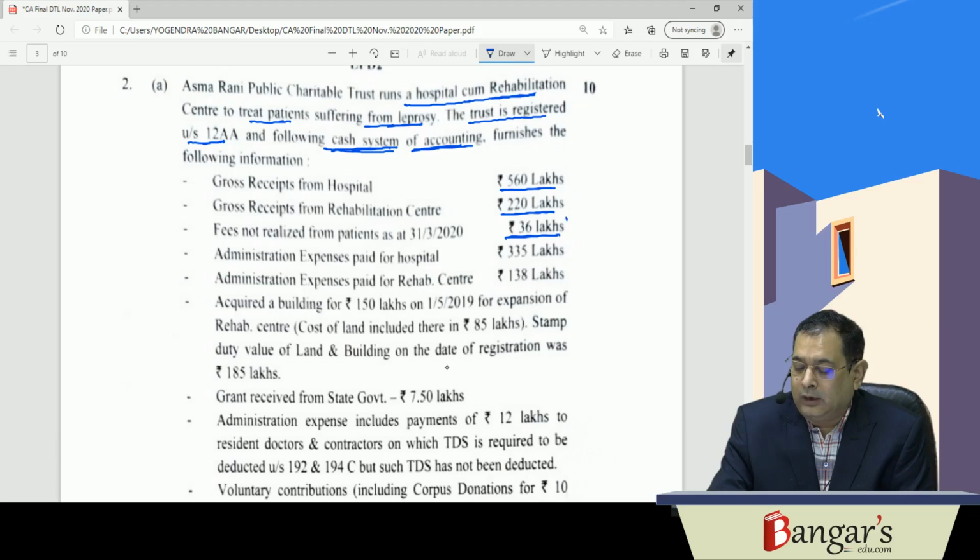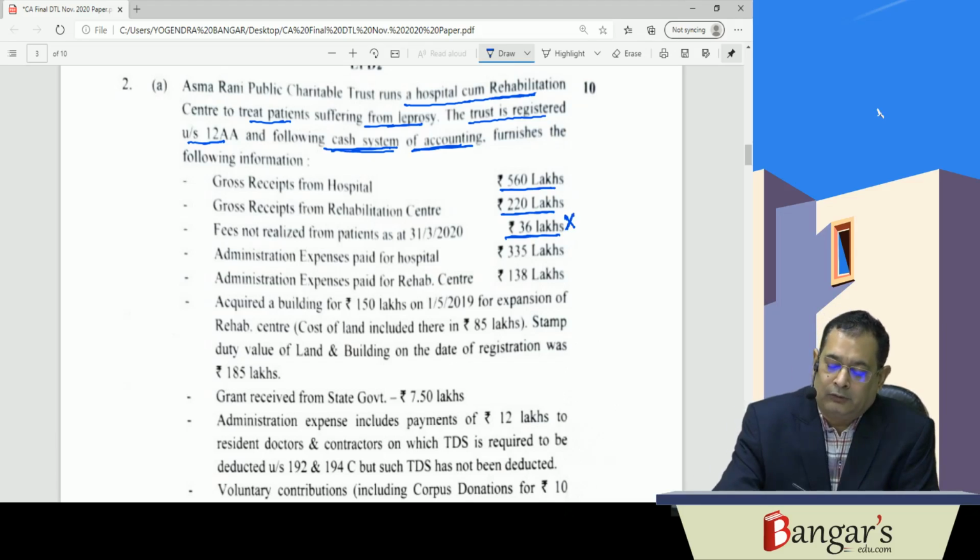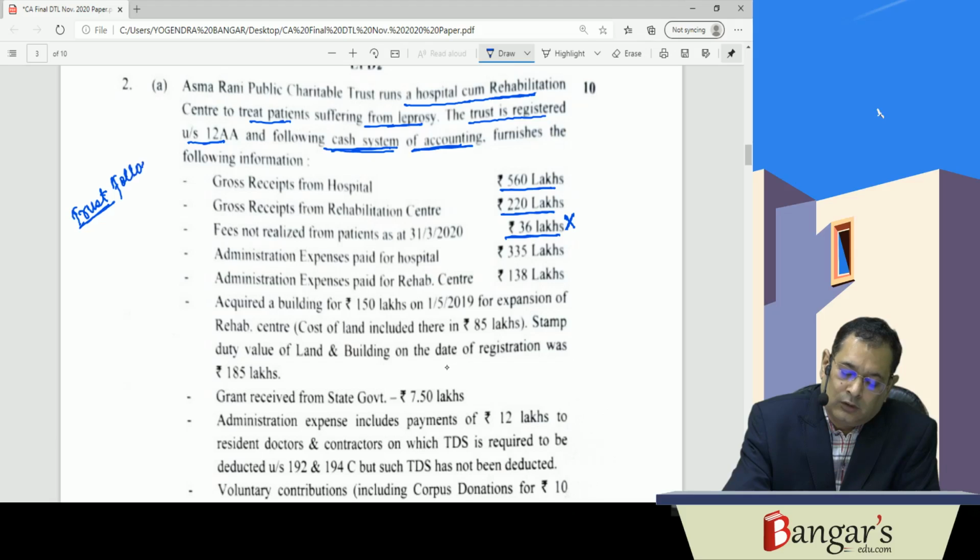Now remember, as this trust is carrying on the cash system of accounting, the trust follows cash system of accounting.